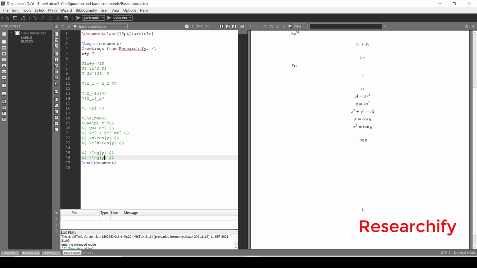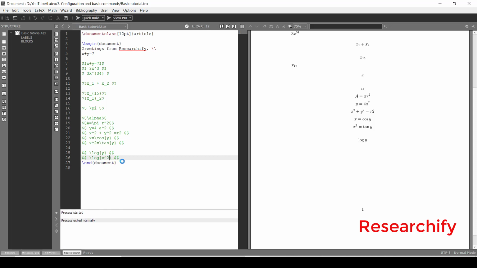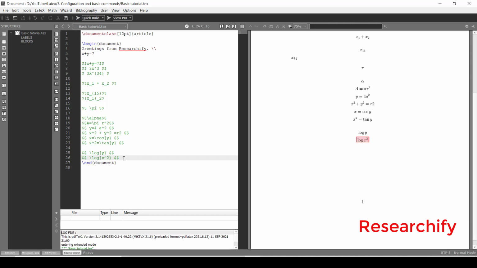Here log x square. Okay, so just put a square and you will see log x square. Here I will try to write down log x base 5. So how can we write it?